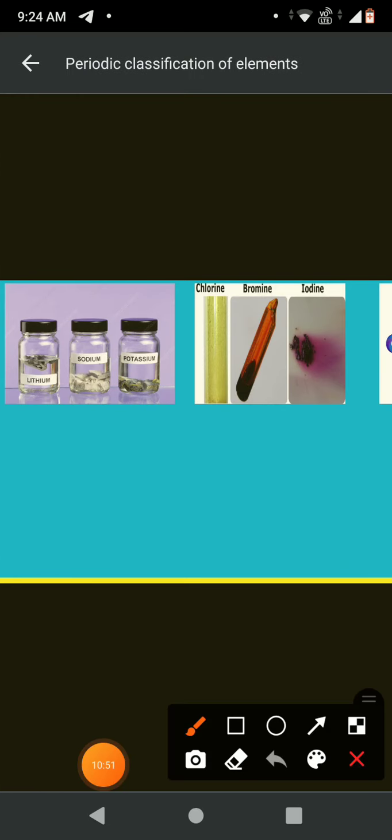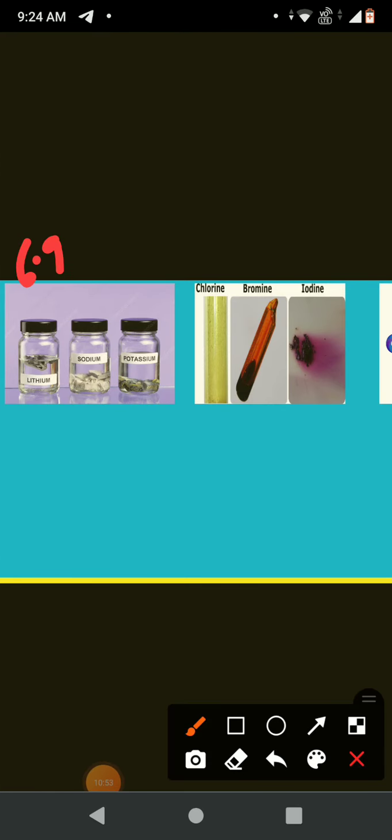So here we will write 6.9. Then the atomic mass of sodium is 23. So here we will write 23. And the atomic mass of potassium is 39.1. So here I will write 39.1.